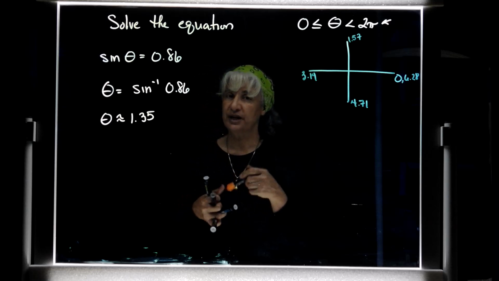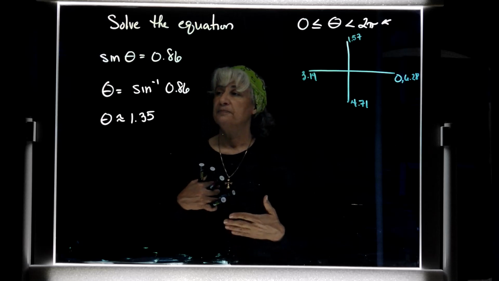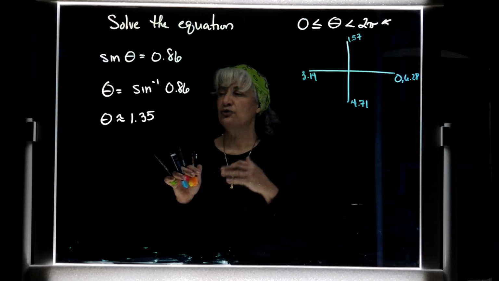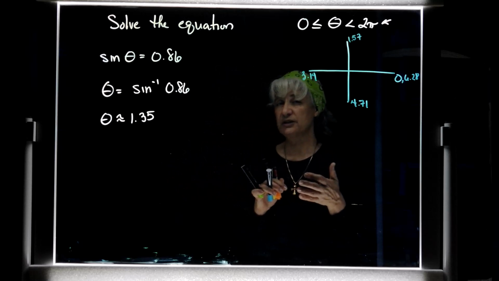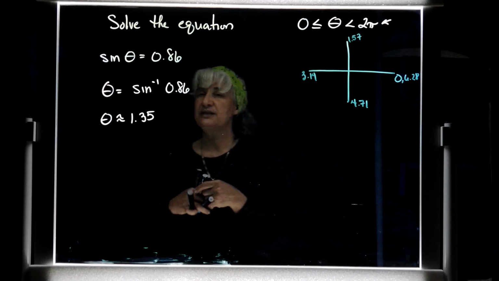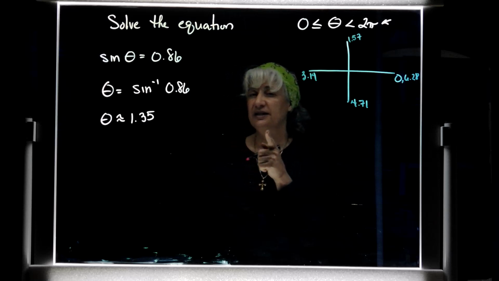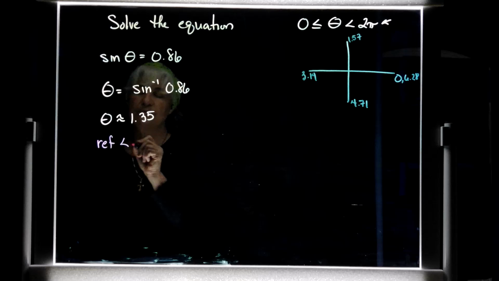Now, remember what we usually do next. After we solve our equation and find our theta, don't we normally find our reference angles and then decide on the quadrants? So here's the deal. I need to make certain that I first identify a reference angle. And you're like, well, how do you do that with a decimal?